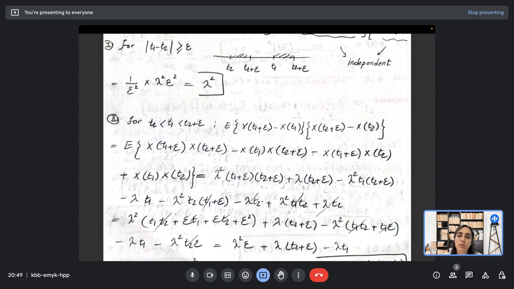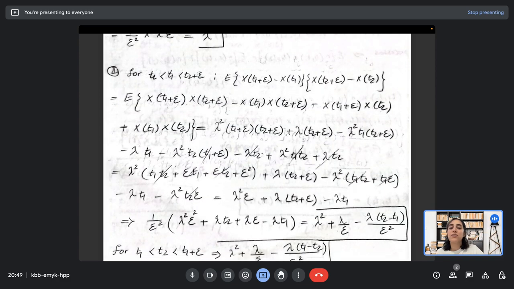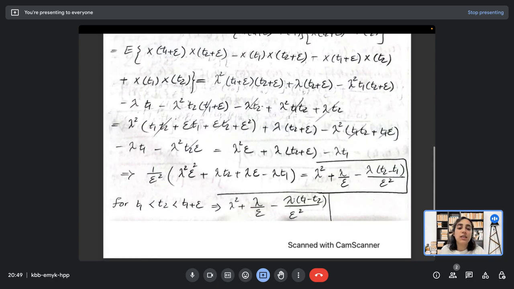Again, we write the expectation and we do the multiplication of two terms, and after doing a lot of calculations, we see that some terms are removed because they have plus and minus, and then we get to this part.